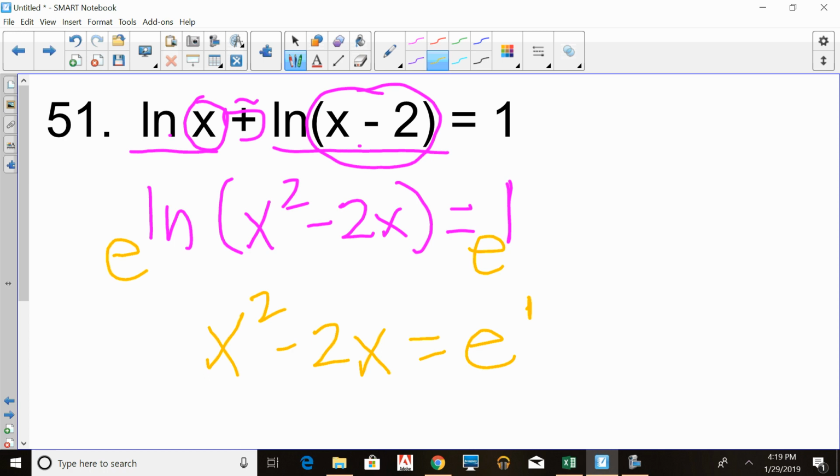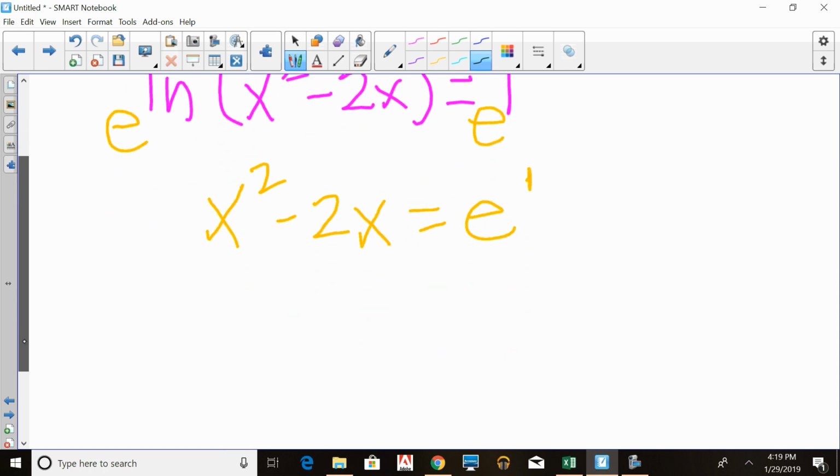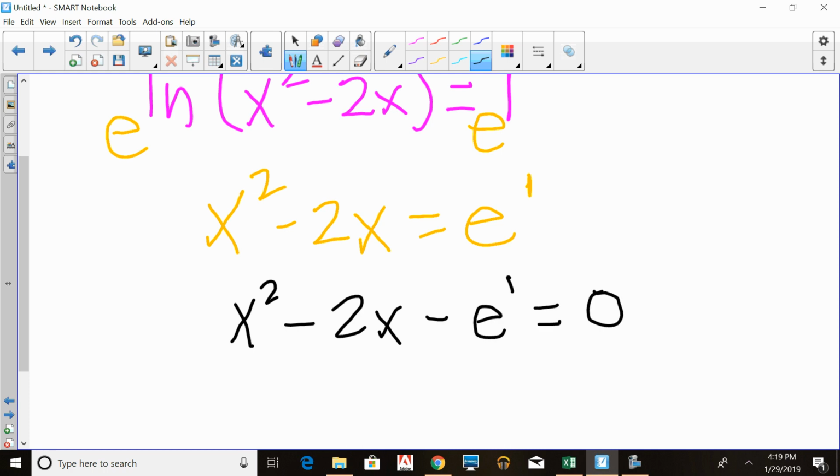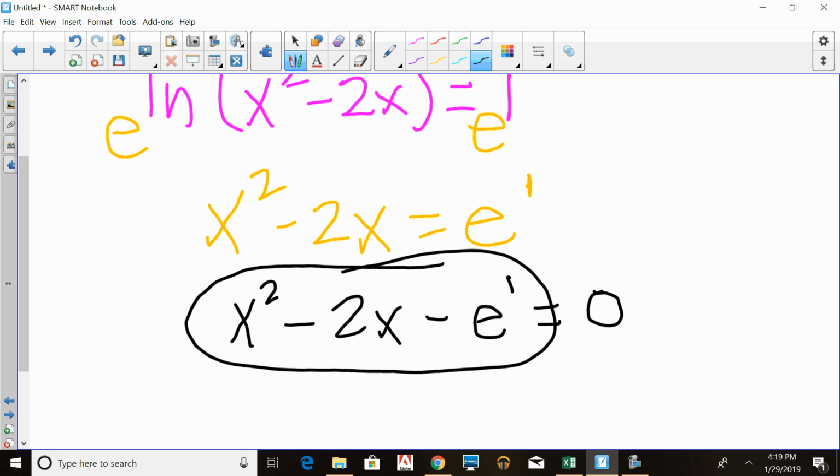Something we haven't really covered yet, but back from your days of algebra, you should be able to get this. So you subtract e to the first from both sides, and you have x squared minus 2x minus e to the first equals 0. This then is a quadratic equation.